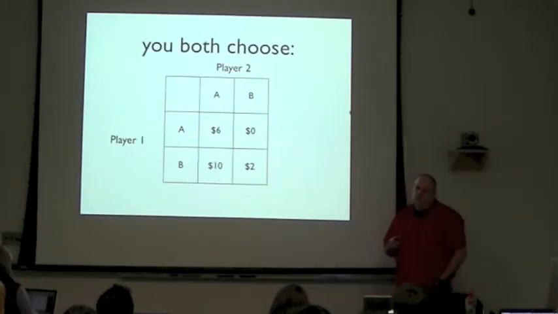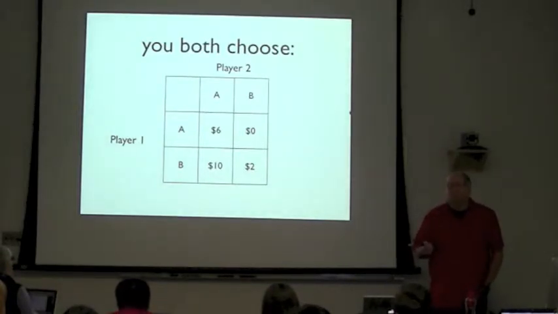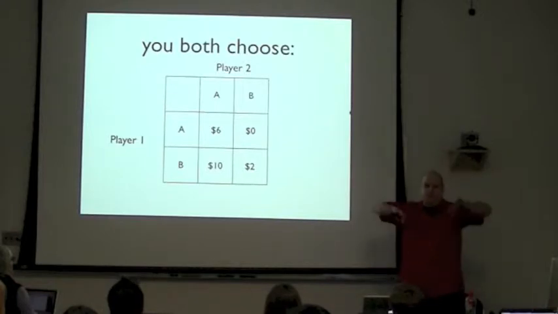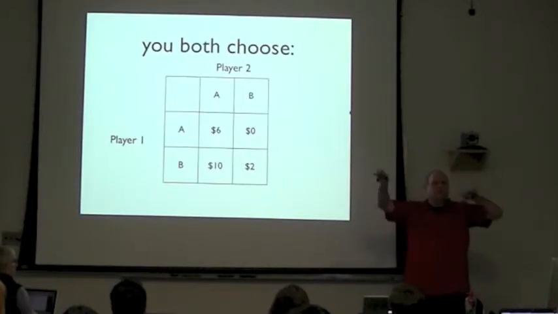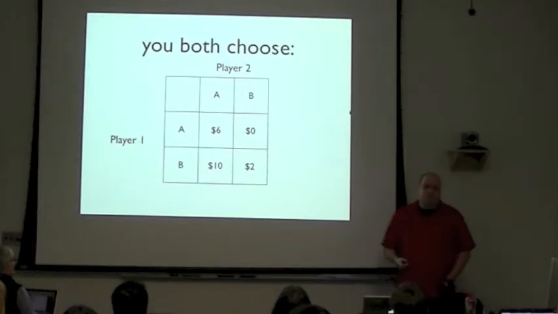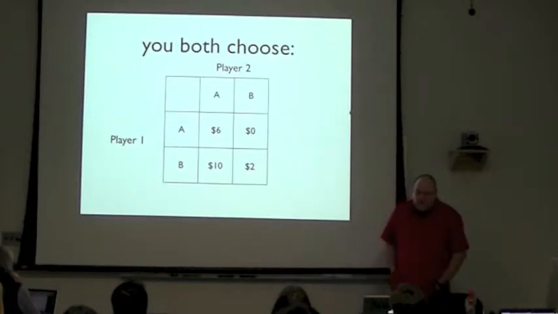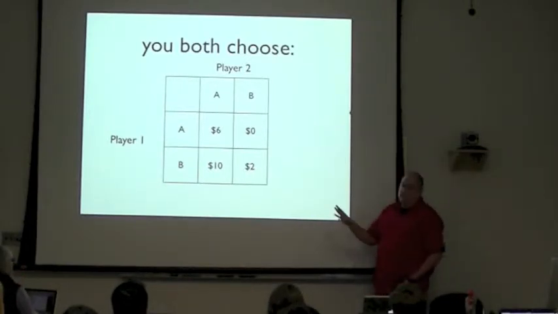The situation becomes much more complicated the moment you have more than one player, the moment you have two players. In two-player games, you have two players independently choosing one of the two choices. Let's say both players answer, we have choice A. If both players use choice A, then both players will receive the $6 payoff.